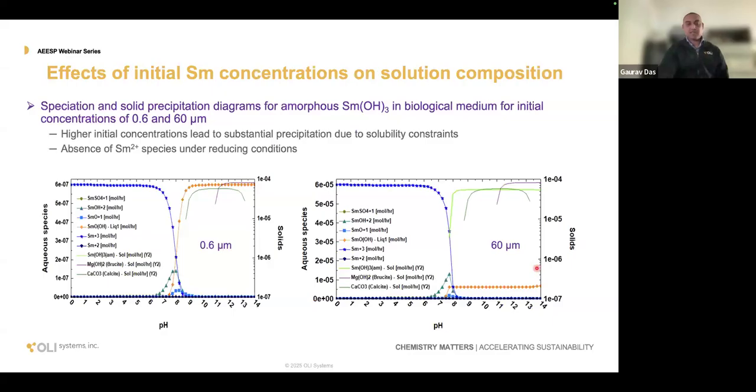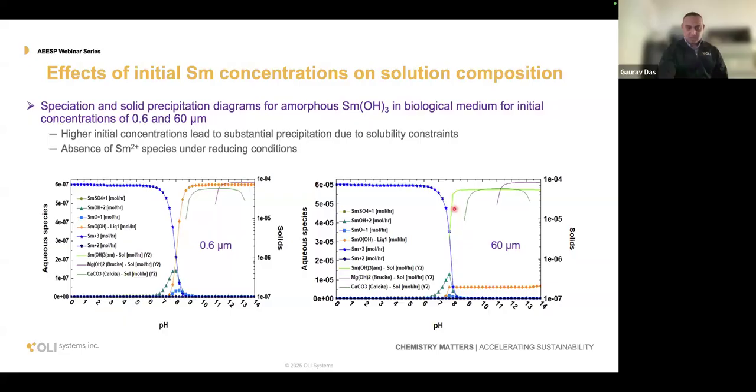Also, the precipitation of this samarium hydroxide depends upon the initial samarium concentration in the inflow. As you can see, as we increase the amount of samarium in the solution from 0.6 micromolar to 60 micromolar, you can see the precipitation of samarium hydroxide in the amorphous phase itself, as represented by the solid green line.